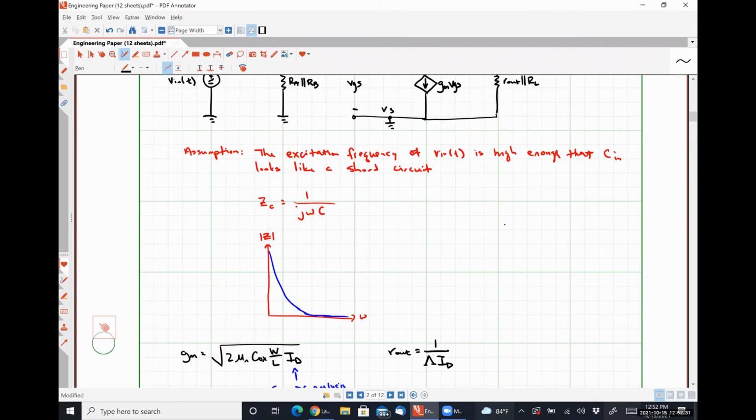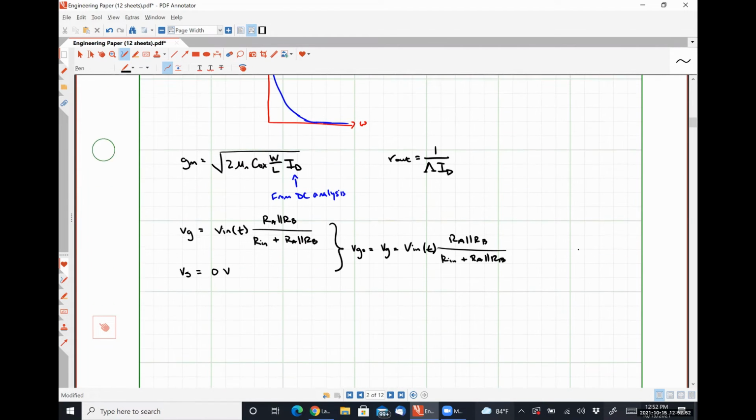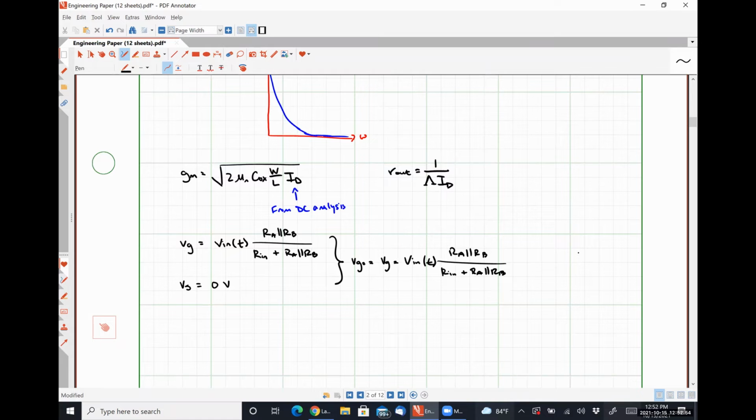Where that current, we can see here, is just gm times VGS. So if we wanted to maximize this circuit's ability to transform that input voltage into an output current, what would we need to do? What choices would we need to make with regard to the size of Ra and Rb?